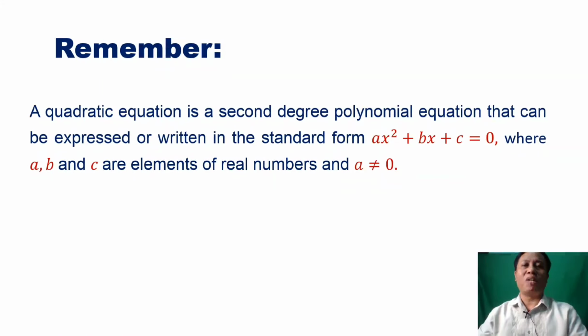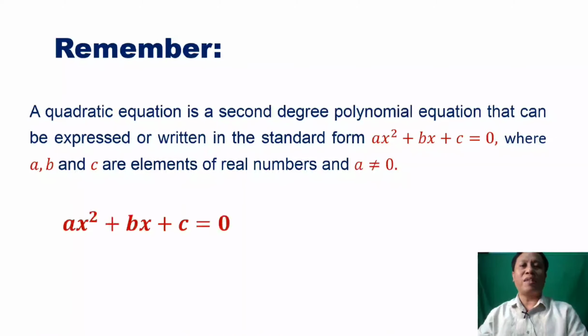Okay? You have to remember the definition of a quadratic equation. A quadratic equation is a second-degree polynomial equation that can be written in the standard form ax squared plus bx plus c equals 0, where a, b, and c are elements of the real numbers and a should not be equal to 0.